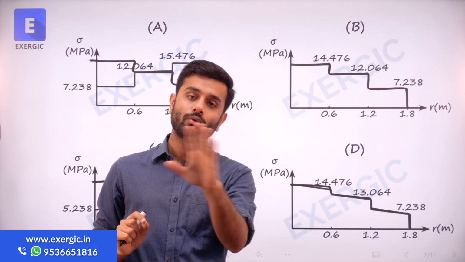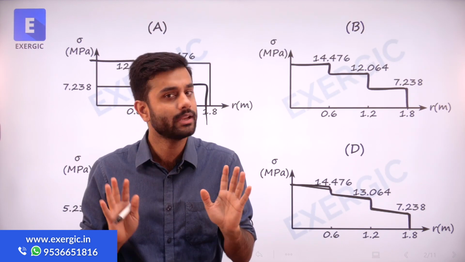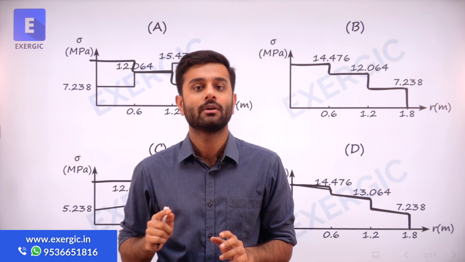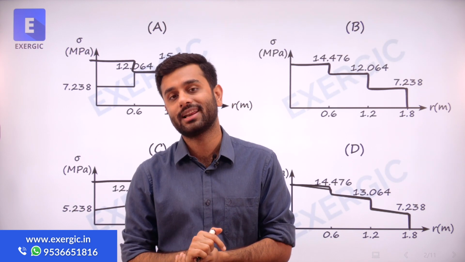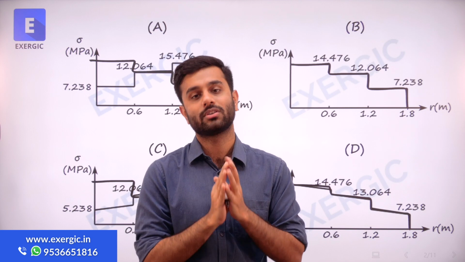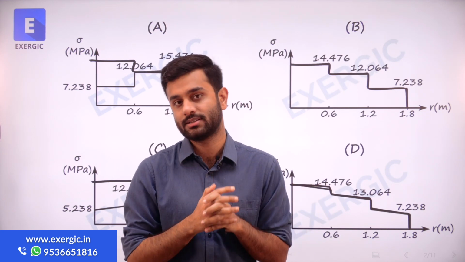Then there is no way other than actually solving and getting the answer, right? Because by shape you cannot eliminate any of the options. By value only you have to select the right answer. So there is no other way than to actually solve the question and give it your precious 2, 3, 4, 5 minutes.